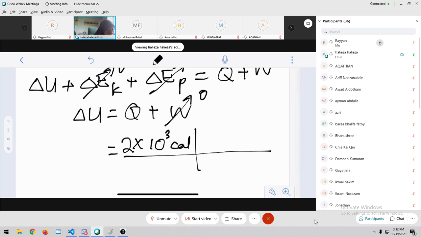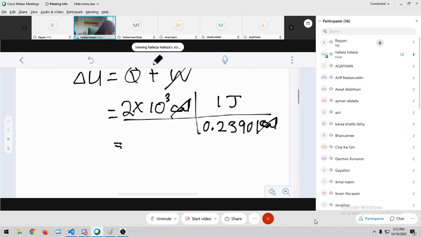Okay, so let me use the conversion table. What is the calorie that I have? 0.23901 calorie is equivalent to 1 joule. So cancel the calorie, and your answer will be in joules. Let's see the solution from the textbook. What is the answer in joules? The answer from the textbook is 8,370.